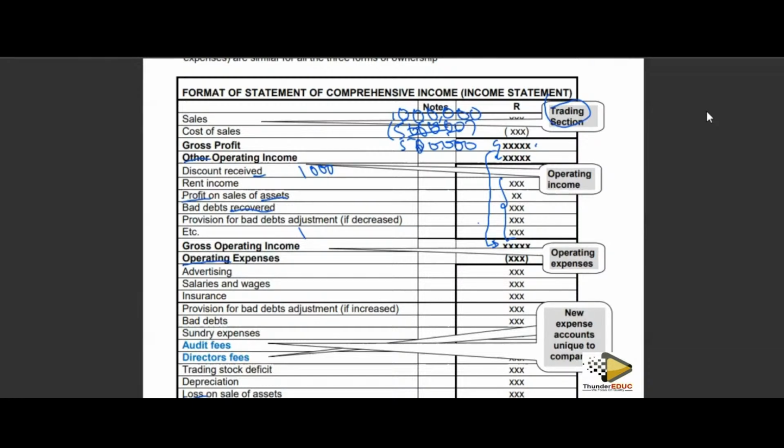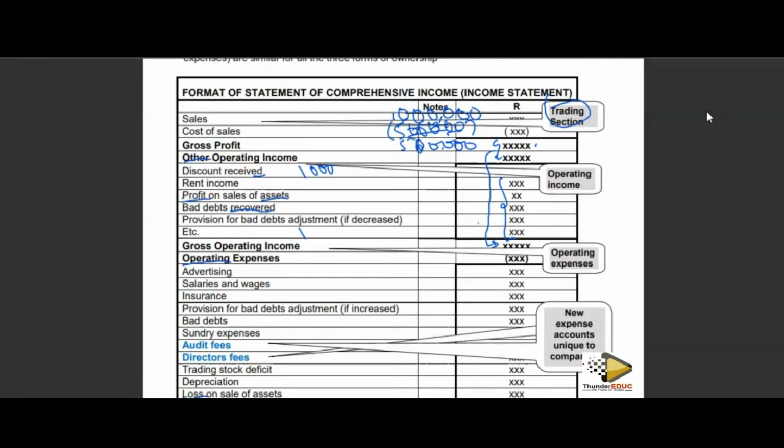Actually, provisioning for bad debts means, let me explain this now. Businesses always put money aside to cater for bad debts. Remember, I talked about bad debts. Let's say we put 1,000 aside because, according to our experience, customers may fail to pay 1,000 in total.